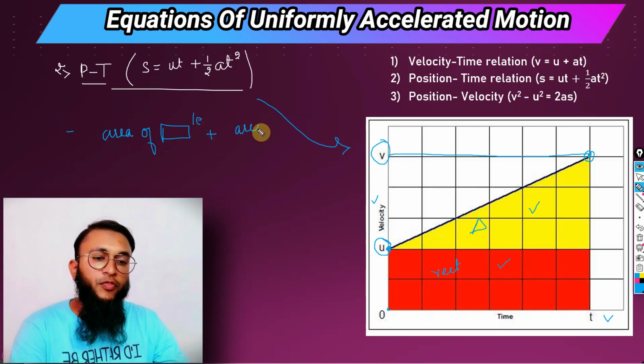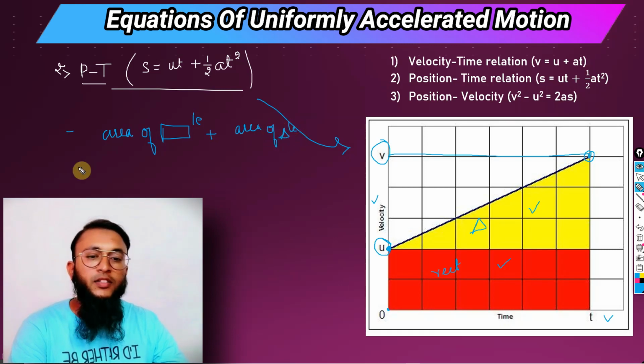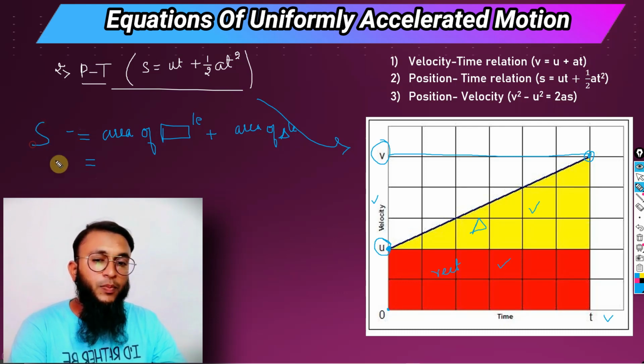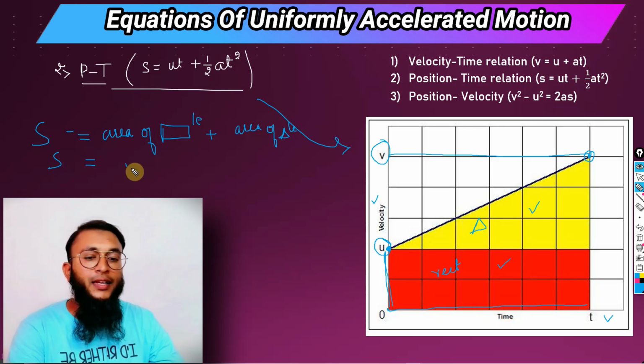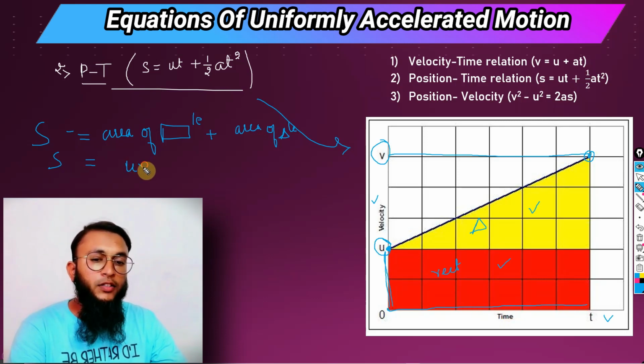We know that area of a rectangle, to find the displacement, is length into breadth. Here this length is nothing but time and breadth is nothing but u. So we should multiply u into t, so you will get u into t here.